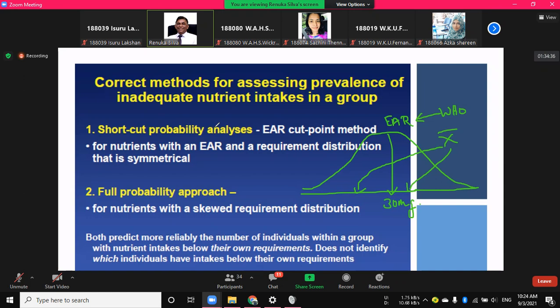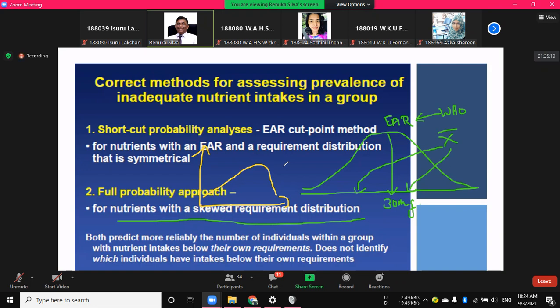For that, you need to do several steps of calculations, and you need to use some computer software. Then it's easy. And particularly, this is used for nutrients with skewed requirement distribution. Skewed requirement is something like this. This is a skewed distribution. For example, iron. Iron in the population is not normally distributed, not bell-shaped.